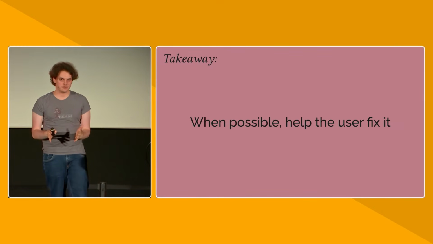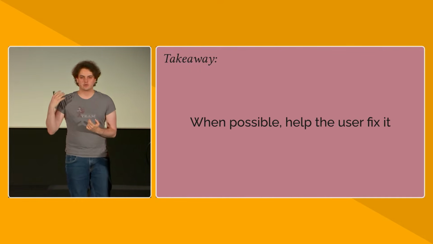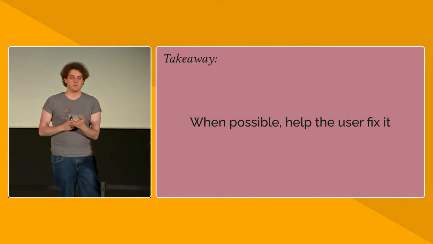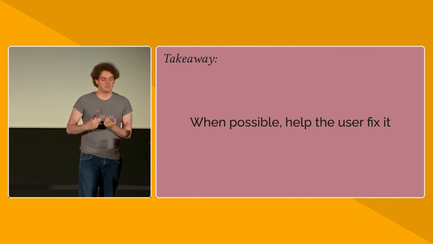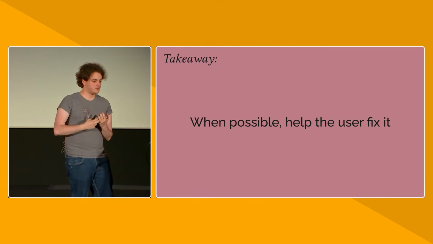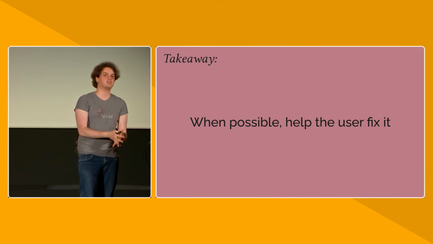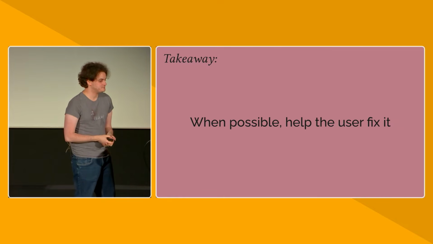You should help your user. You should give them pointers on how to solve the problem, because that saves them time, because they don't have to look for the solution. But it also helps users figure out which are the most probable causes, where to go in their debugging experience, and saves them a lot of time.